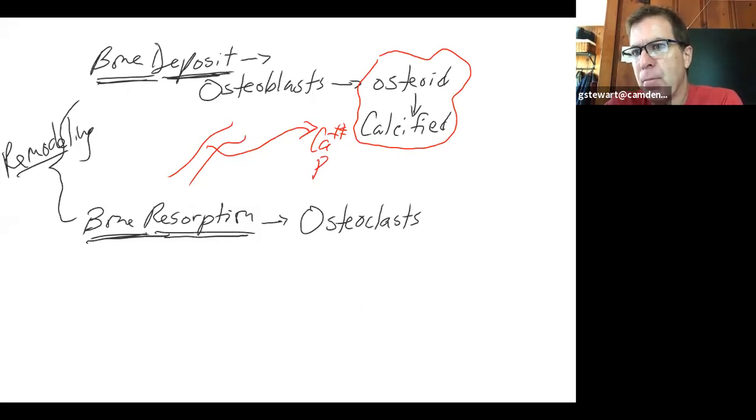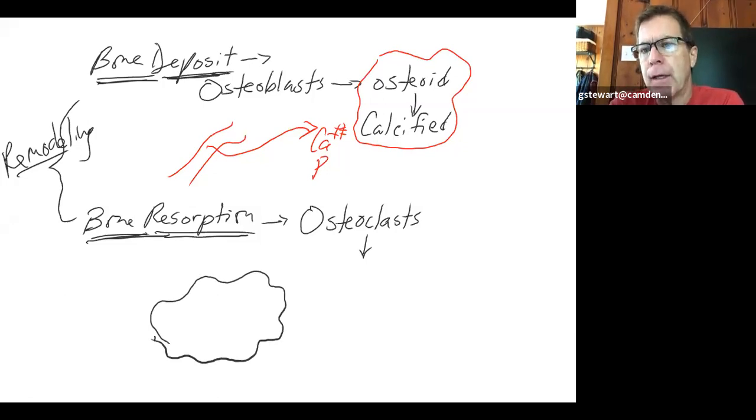These cells are big, large cells. They migrate along bone surfaces and they create grooves and depressions along that surface. They're big, multinucleate cells, and they have ruffled edges, and they migrate around, dissolving bone matrix.